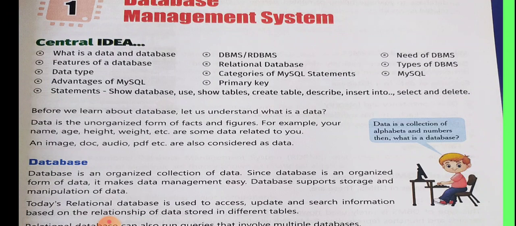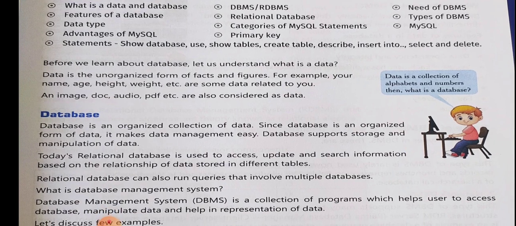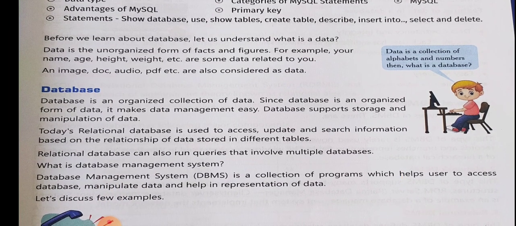Today's relational database is used to access, update and search information based on the relationship of the data stored in different tables. Tables means that while creating a database, mostly we save data in the form of tables. And a relational database runs queries which involve multiple databases.